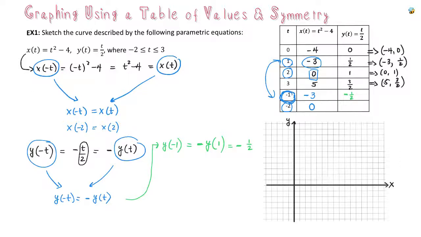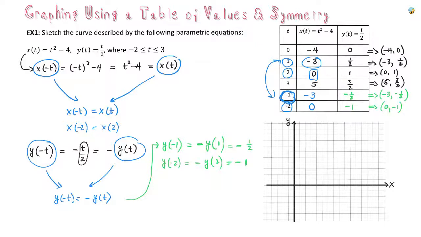And then y of negative 2 will be minus y of 2. y of 2 was equal to 1, so that means negative 1. And that already gives me another set of points. I'm going to have negative 3, comma, negative 1/2. And then over here, I am going to have 0, comma, negative 1.